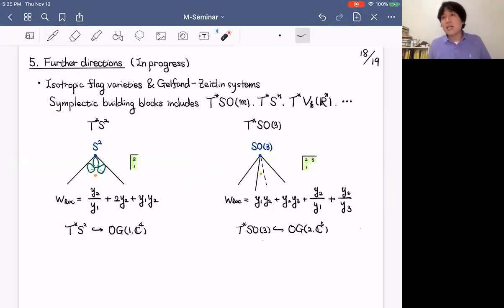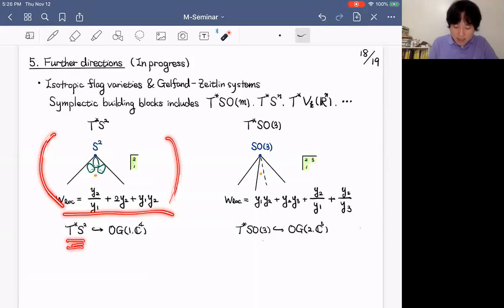By the classification of the Lagrangian fibers of the Johann differences, and by the previous work I did with Cho and Cho, the cotangent bundle of the special orthogonal group, the cotangent bundle of the real Stiefel manifold are going to be the building blocks for that.